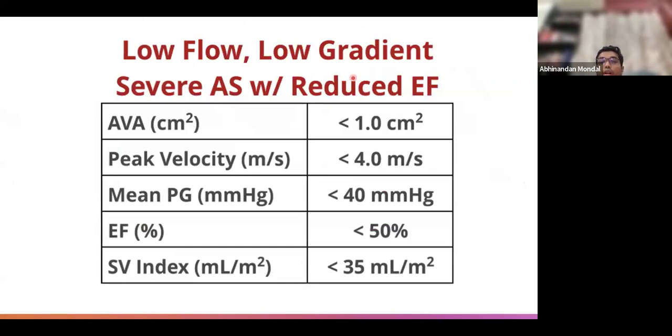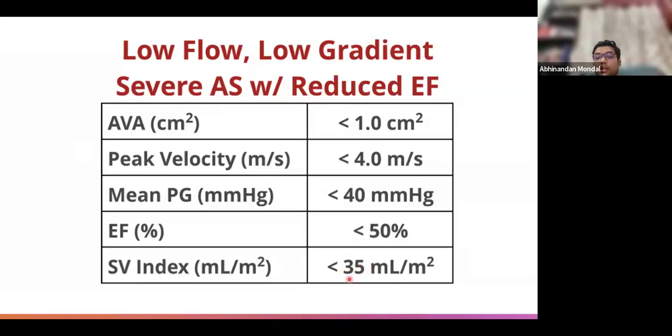What is low flow, low gradient severe AS with reduced EF? This slide you can just take a snap of. This is a thing that you have to remember always. What are the actual differences? The patient is actually having severe AS, aortic valve area is less than 1, but your peak velocity is less than 4, your mean gradient is less than 40, your EF is less than 50, and your stroke volume index is less than 35.